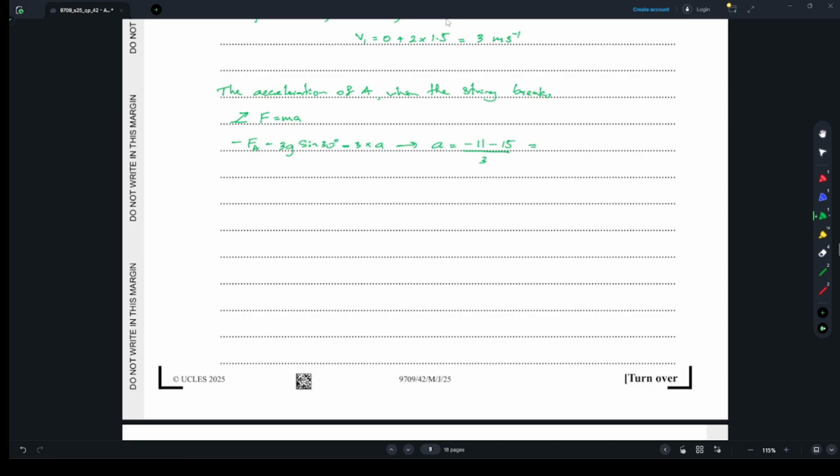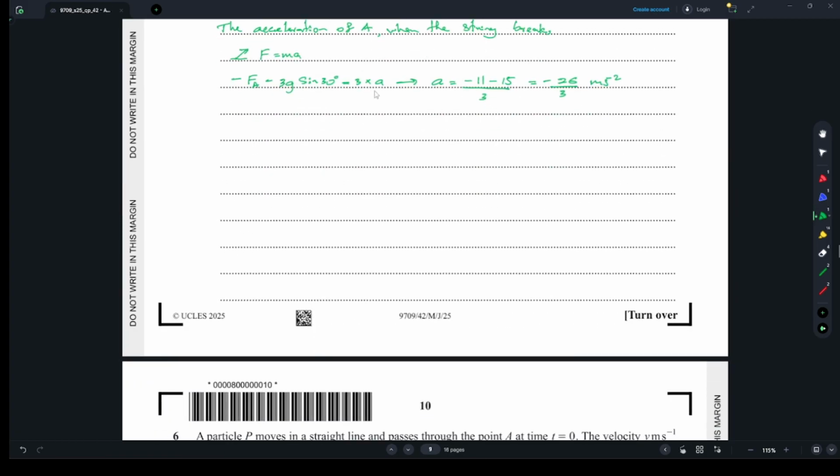Then it will be minus 26 over 3. So it moves with deceleration because of the friction. That means the speed of the particle decreases, right?